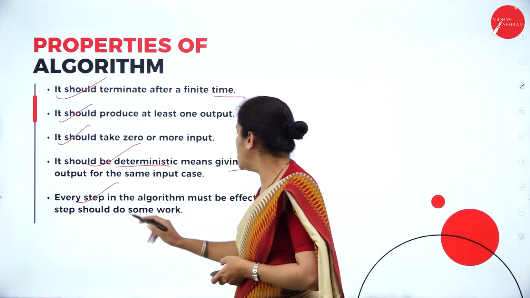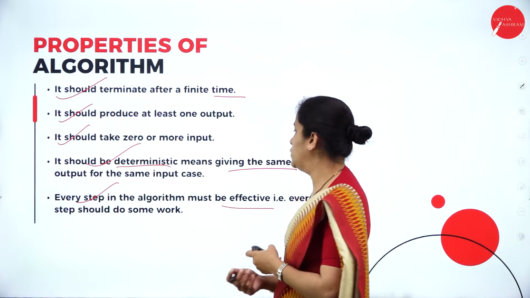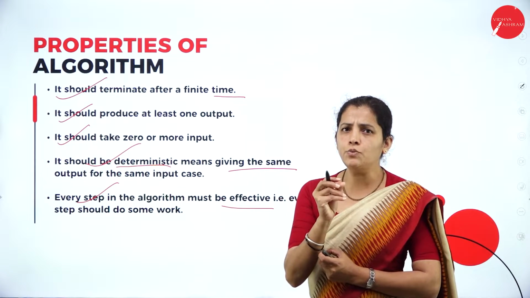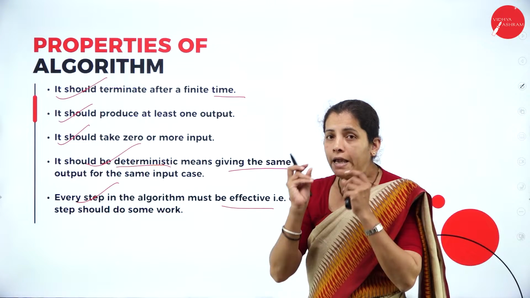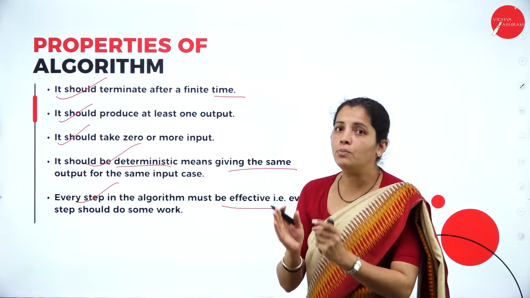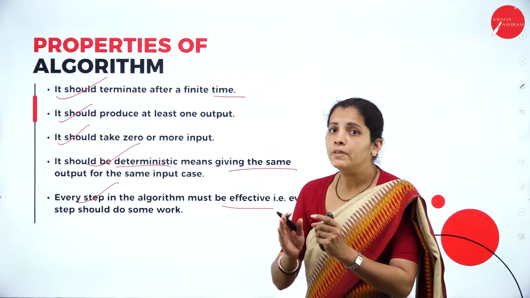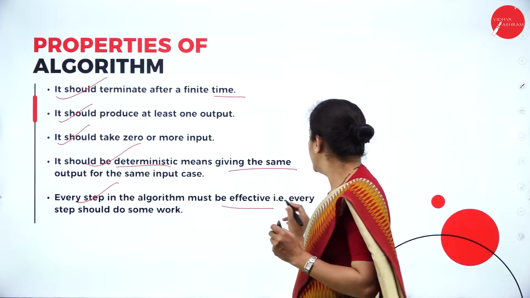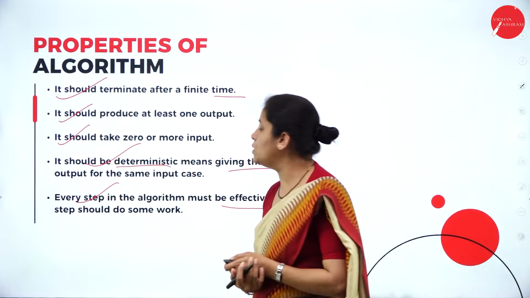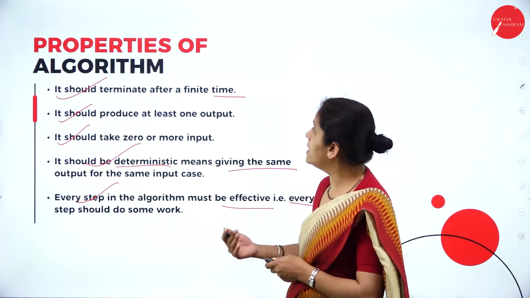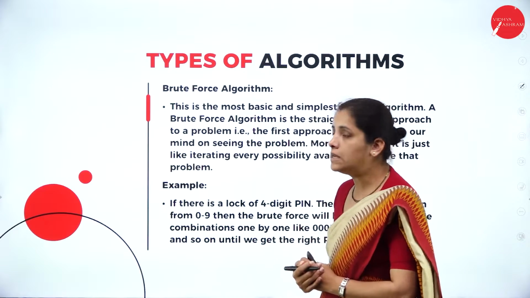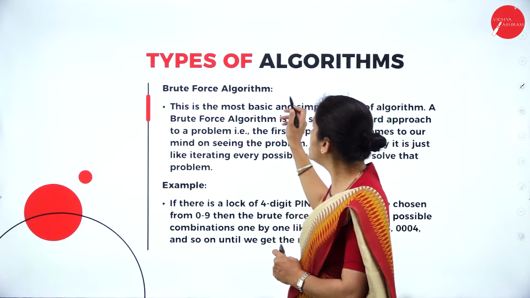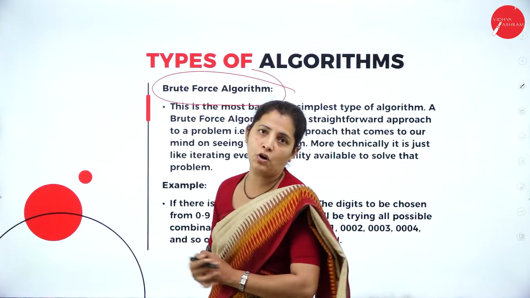Each step in the algorithm must be effective. In the sense that whatever steps I write, each step must be capable of performing some task. So every step should do some work. So these are the properties of an algorithm. Now, if I consider the types of algorithm, first I'm going to have the brute force algorithm.